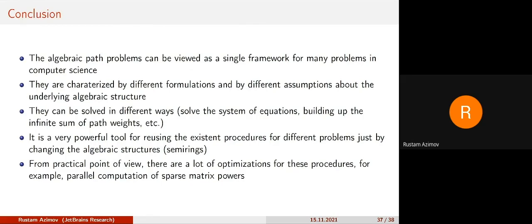Yes, but semiring, we construct semiring for the elements of the matrices, and then we can, in a natural way, define the matrix operations over the semirings.